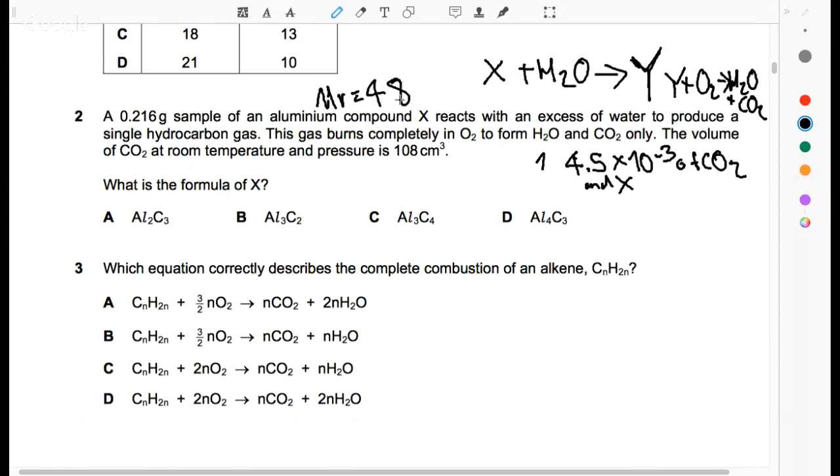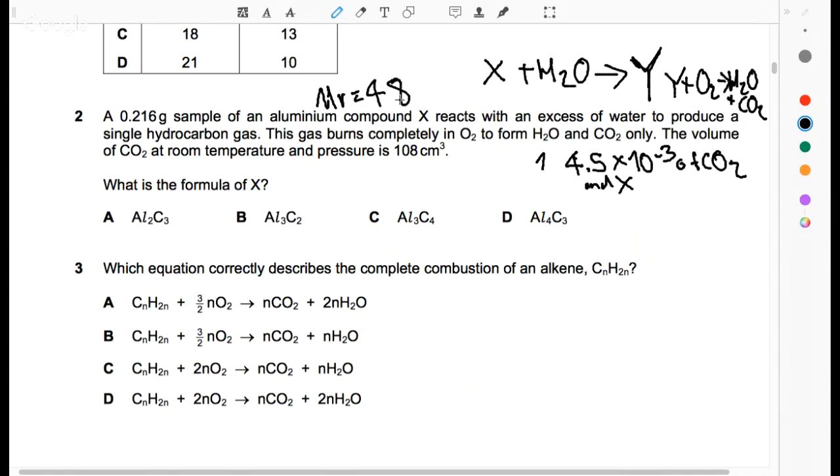Basically, the number of moles of the carbon dioxide which you worked out is equivalent to the number of moles of the carbon if they were in single atoms. You see what I mean? So you can work out how many carbon atoms there are, right?